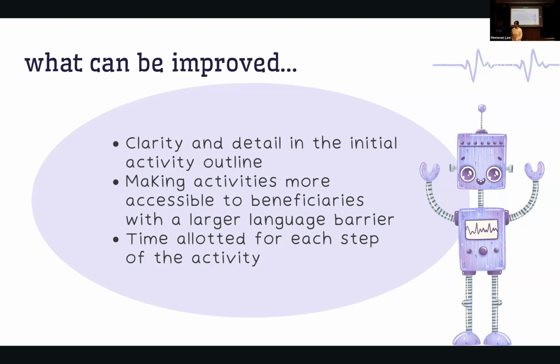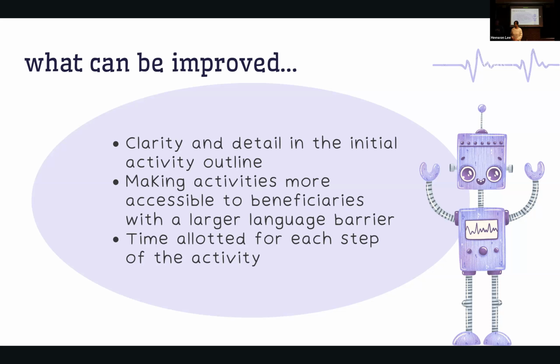And some of the feedback on things that could be improved about our activities is the clarity and detail in the initial activity outline, making sure that's clear and providing the end outcome at the start, so everybody knows what's going on. Also making the activities a little more accessible to beneficiaries that have a larger language barrier.